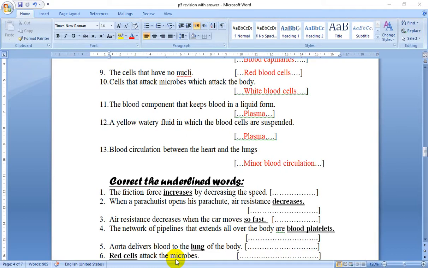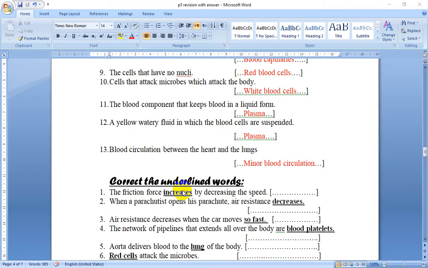Second type of question, correct the underlined words. The friction force increases by decreasing the speed. No, all of us know that there is a direct relationship between friction force and speed.